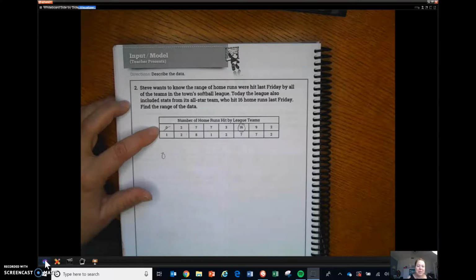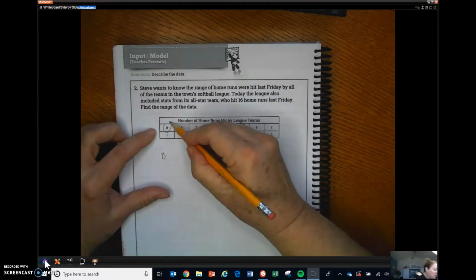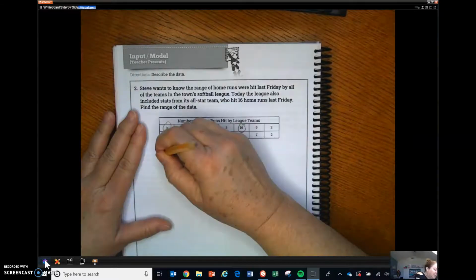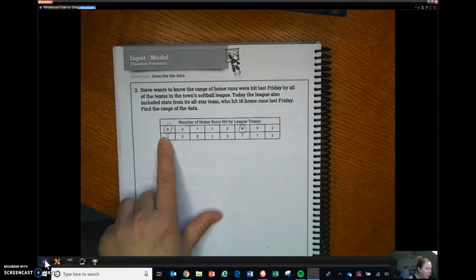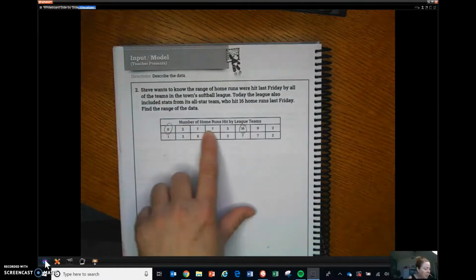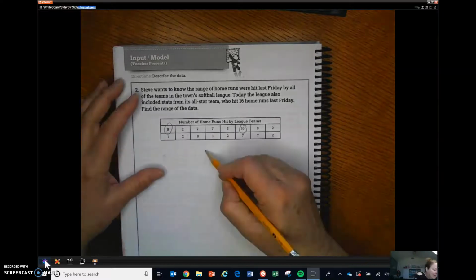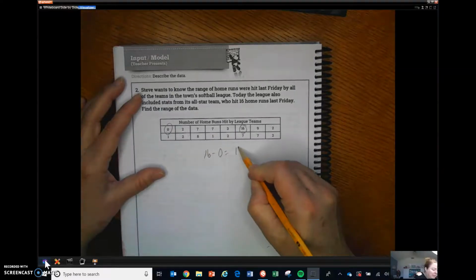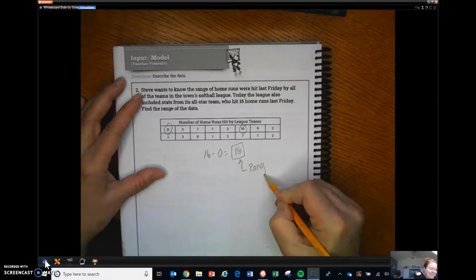The only problem with doing it this way, this shortcut, is don't accidentally skim over, because you want to make sure there's no negative number. So I know 0 is my lowest number. 16 is my highest number. So what's 16 minus 0? 16. That's your range. Isn't it easy, you guys?